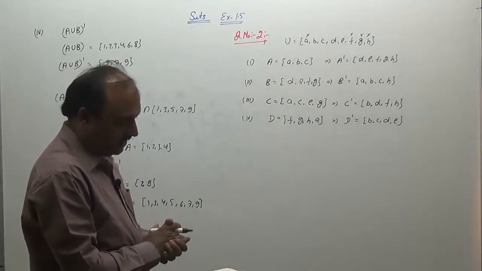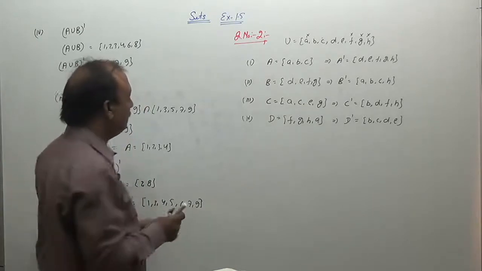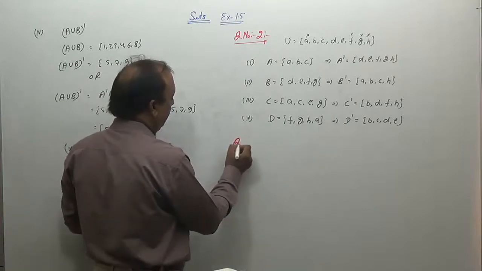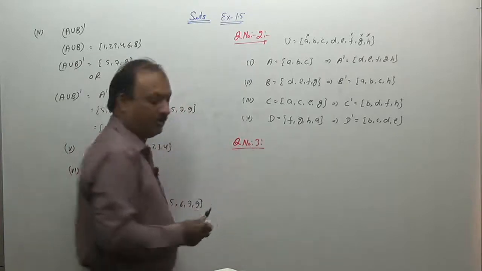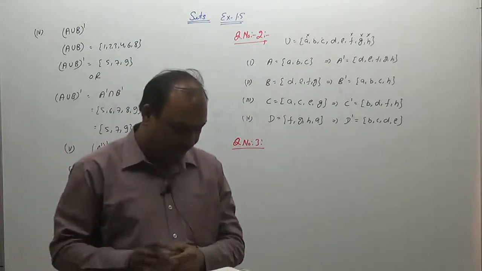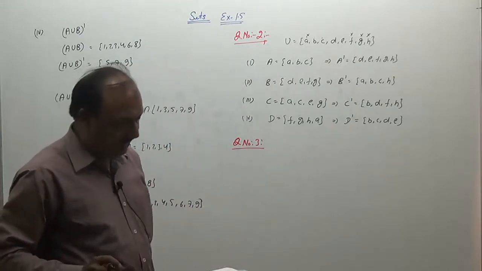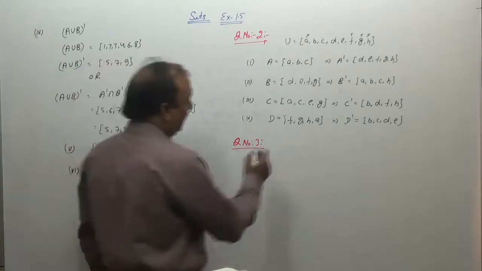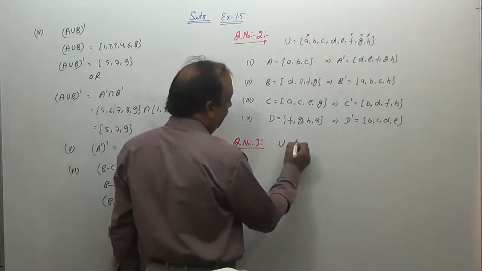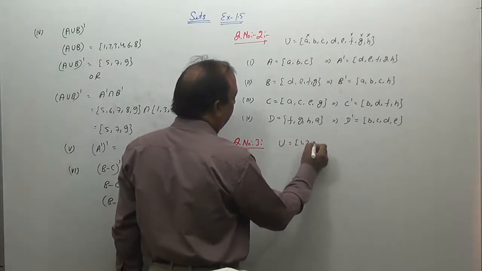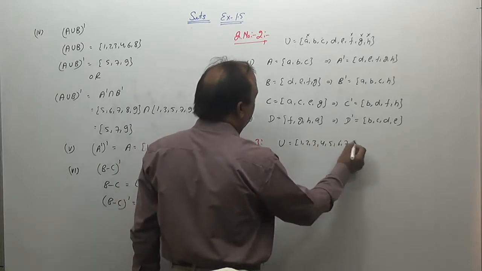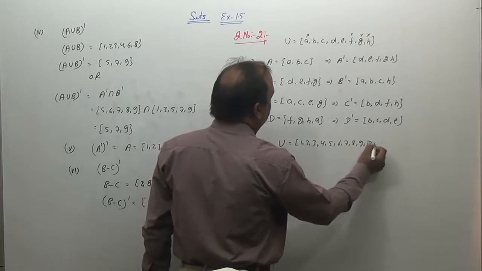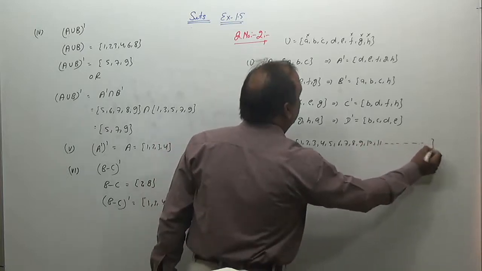Now, in continuation, question number 3. Question number 3 is: taking the set of natural numbers as the universal set. Consider the universal set as the set of natural numbers 1, 2, 3, 4, 5, 6, 7, 8, 9, 10, 11 and so on.